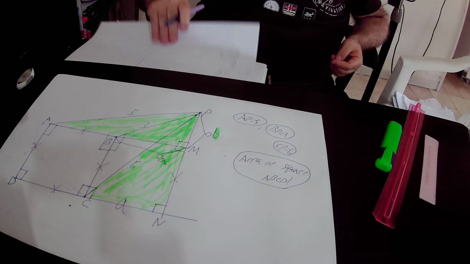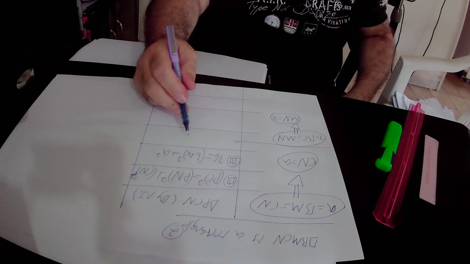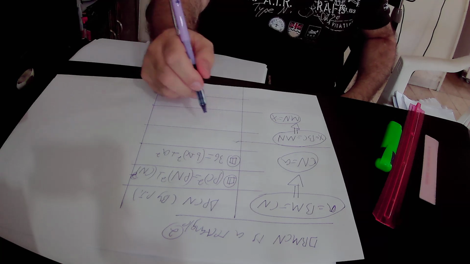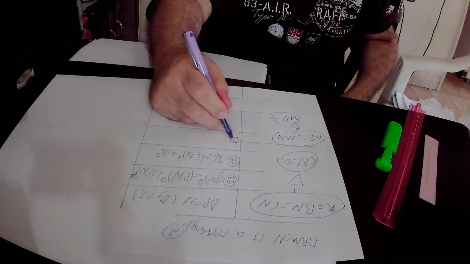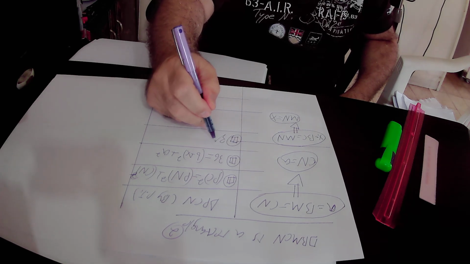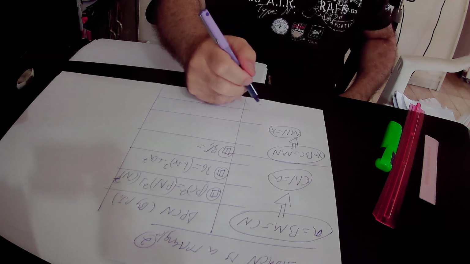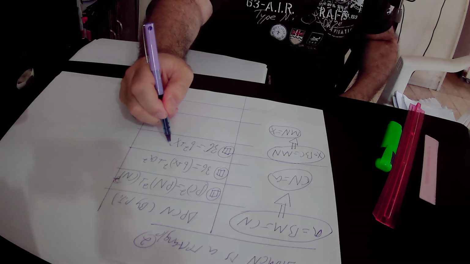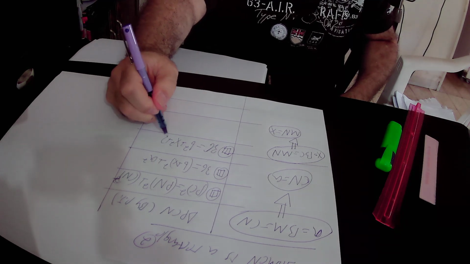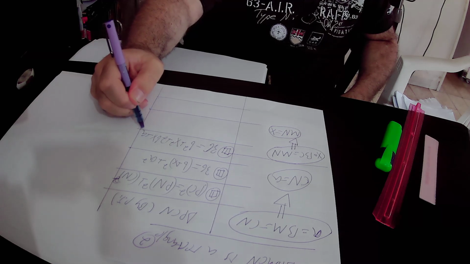So in conclusion, according to equation number 3, 36 equals (B plus X) squared plus A squared. Here we open the brackets: 36 equals B squared plus X squared plus 2bx plus A squared.